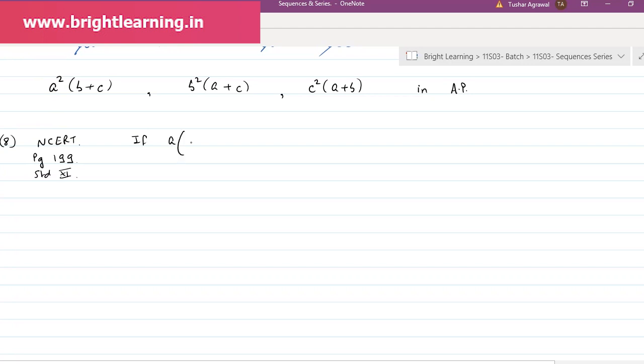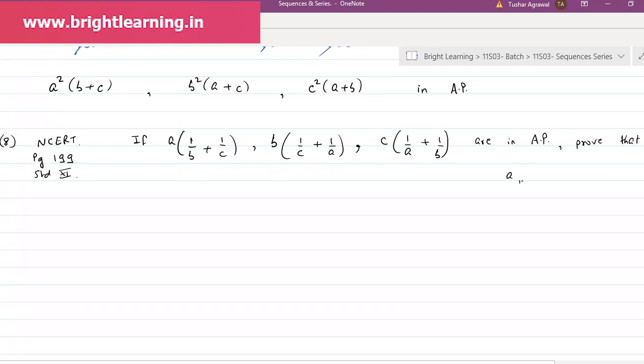If A times (1 upon B plus 1 upon C), B times (1 upon C plus 1 upon A), and C times (1 upon A plus 1 upon B) are in AP, then prove that A, B, C are in AP.